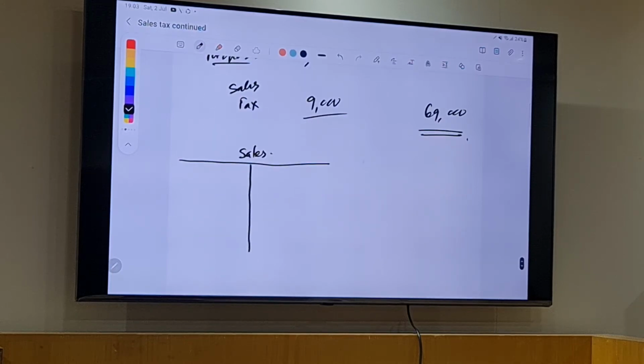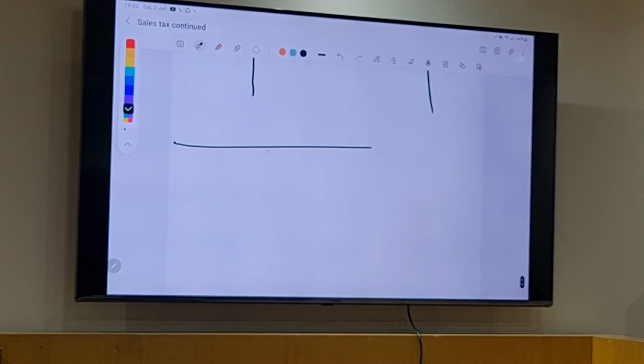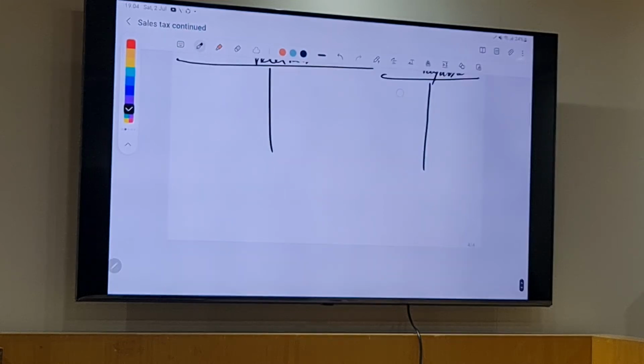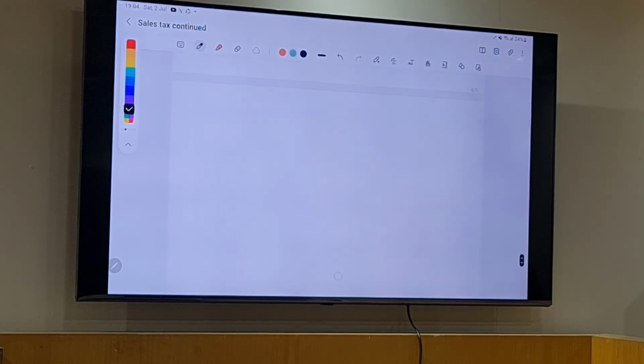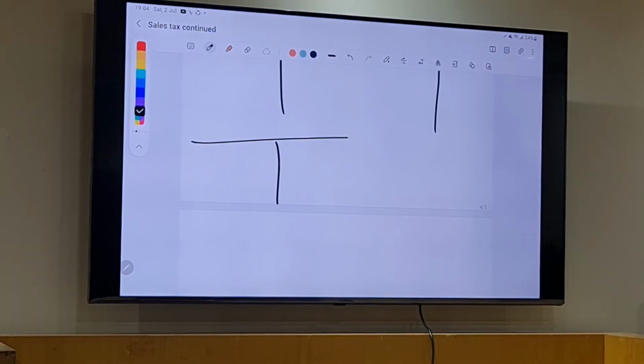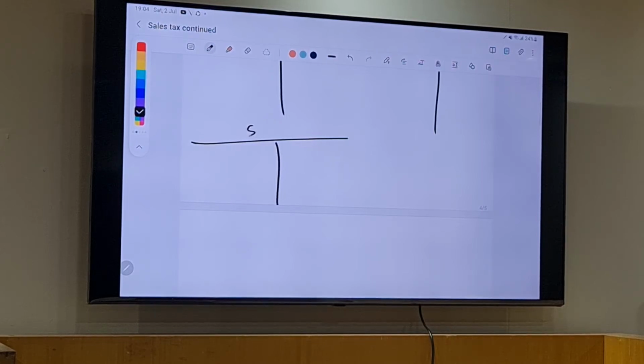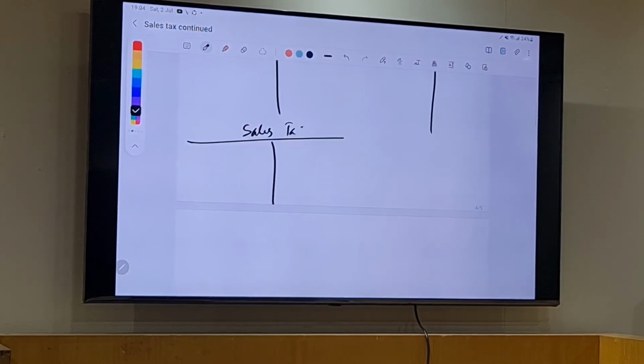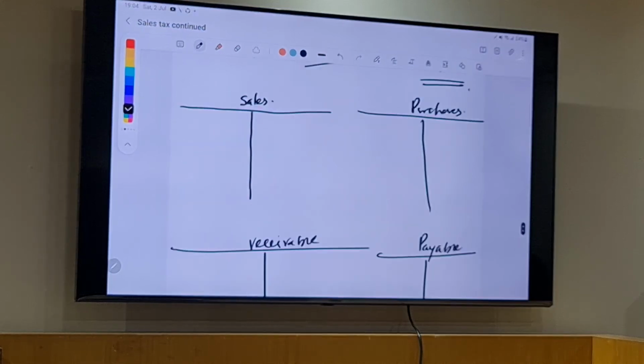So sales, purchases, receivable, payable and sales tax.